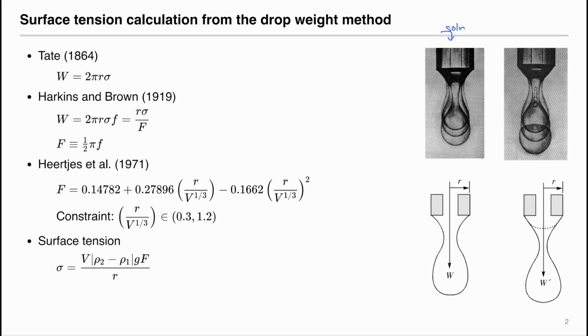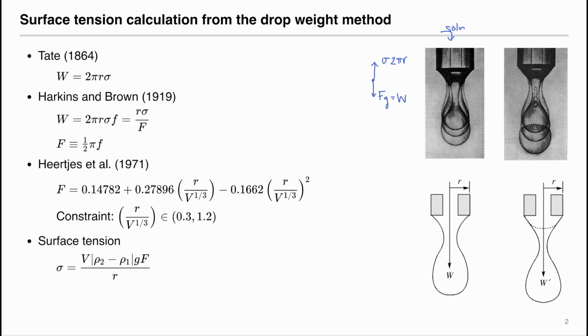Almost 160 years ago, Tate proposed a simple model where it's assumed that the gravitational force, or weight, of the droplet is balanced out by the surface tension force. That is, sigma times the perimeter of the nozzle, which is 2 pi r, where sigma is the surface tension and r is the nozzle radius.